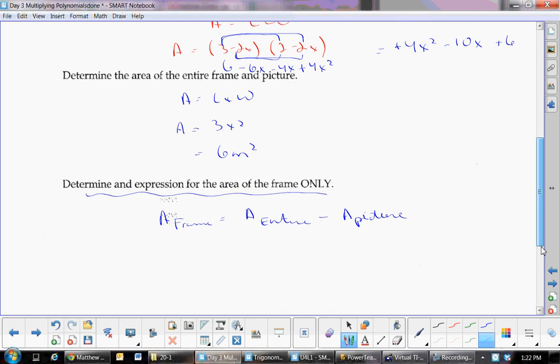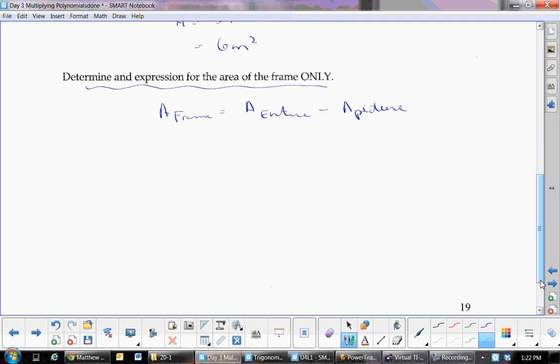Now, the area of the entire picture was 6 minus, and make sure you put this in brackets or you will get it wrong. Okay? So what is the area of the picture? 4x squared minus 10x plus 6.